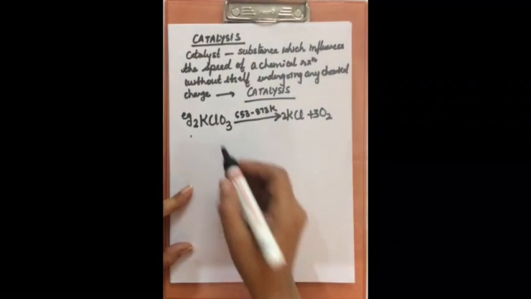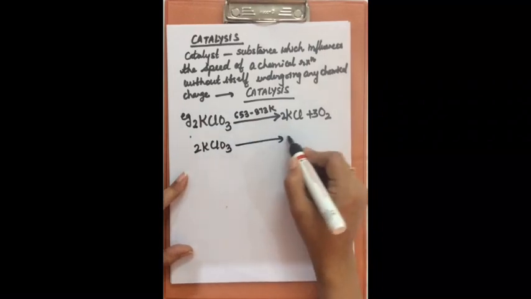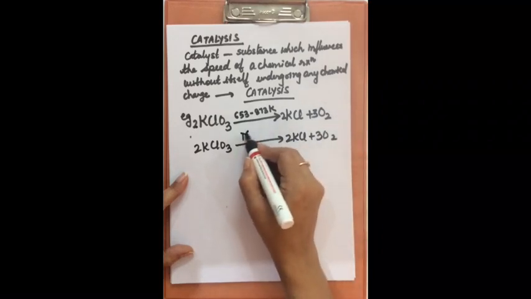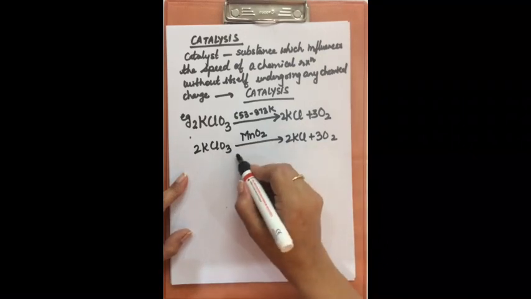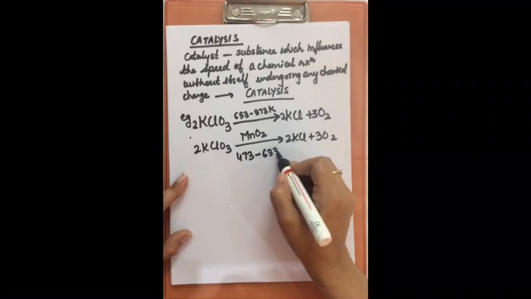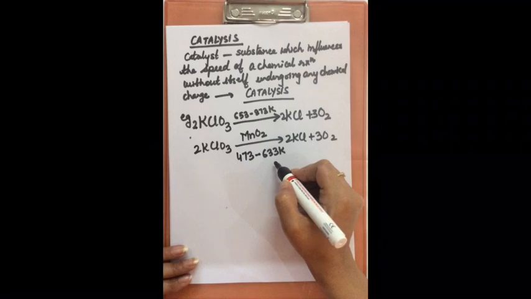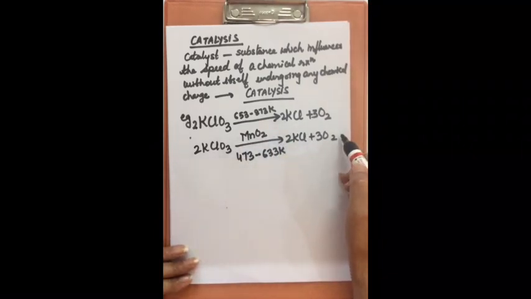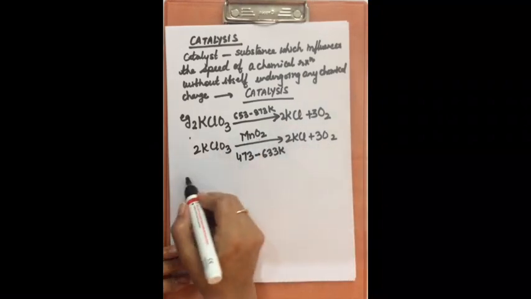But if this process is carried out in presence of a catalyst, manganese dioxide, then the process can take place at a low temperature of 473 to 633 Kelvin. So the catalyst increases the speed of a reaction, but itself it is not taking part in this chemical reaction.